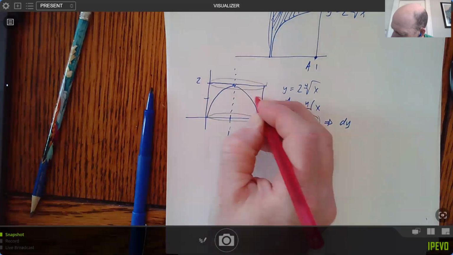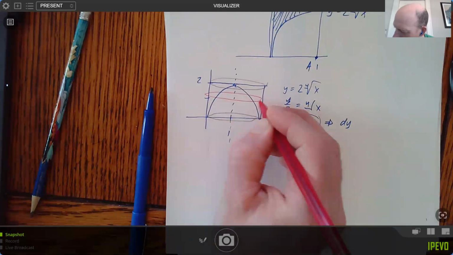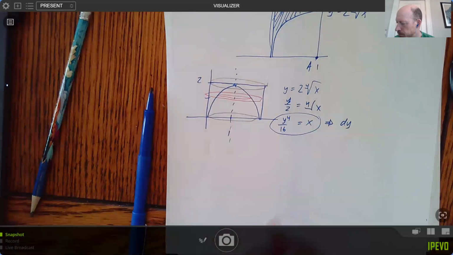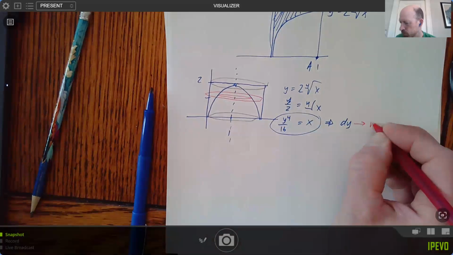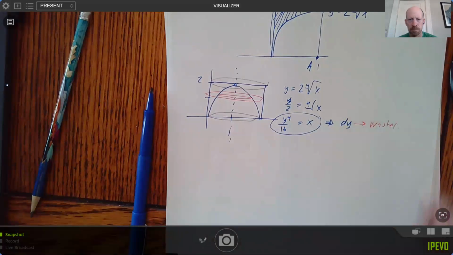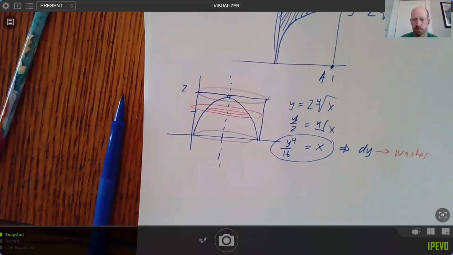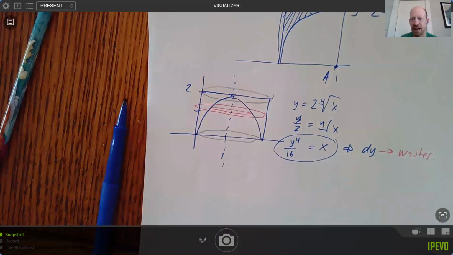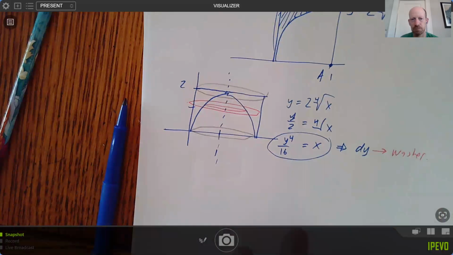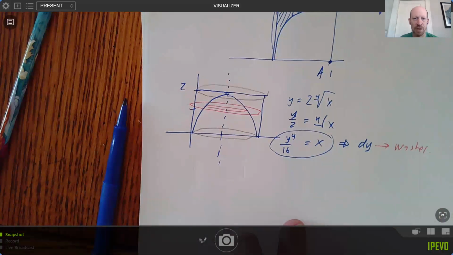So we know that's going to create a washer. Is that me making it look too easy, or do you see how I'm making those decisions?